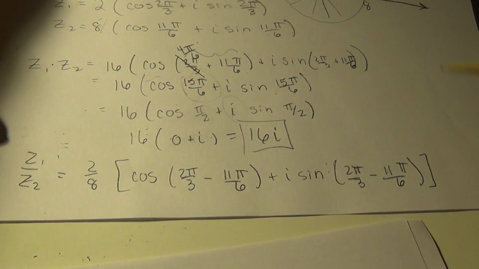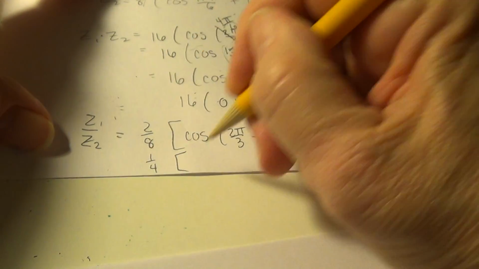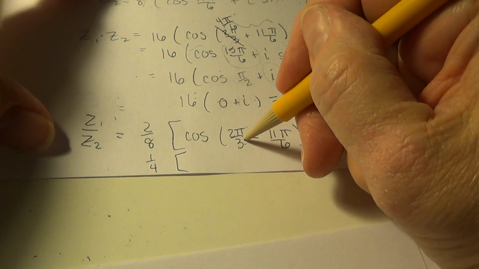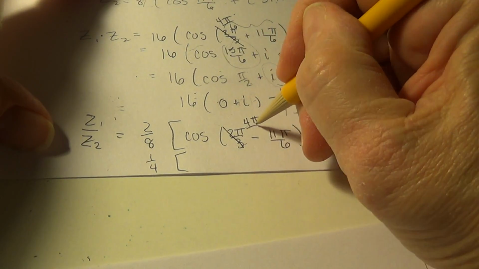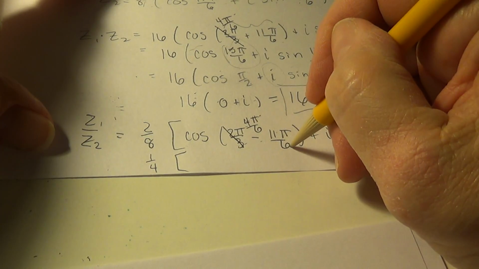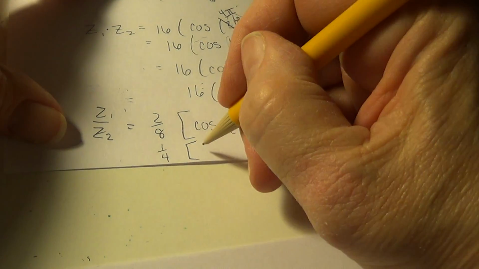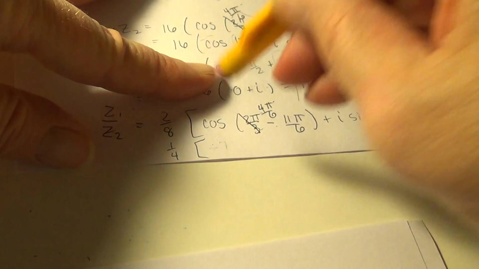Let's clean it up a bit. This is 1/4. 2 pi over 3, we discussed earlier, was 4 pi over 6. 4 pi over 6 minus 11 pi over 6 gives me minus 7 pi over 6. Lost my cosine.